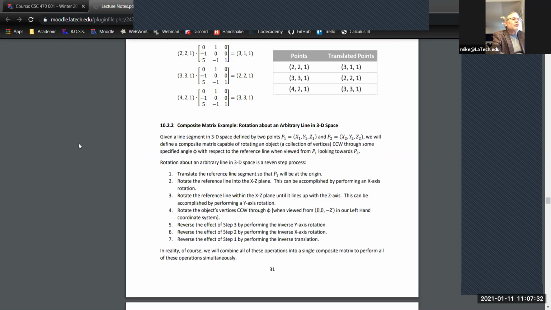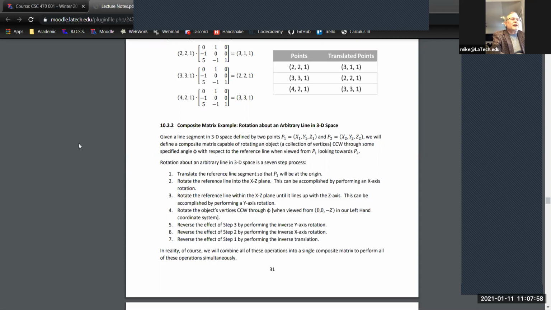Okay, so it's actually going to end up being a 7-step process. The first thing we'll have to do is take the point P1 and move it to the origin. Then we're going to take our reference line and rotate it into the XZ plane. That's going to be accomplished by an x-axis rotation.